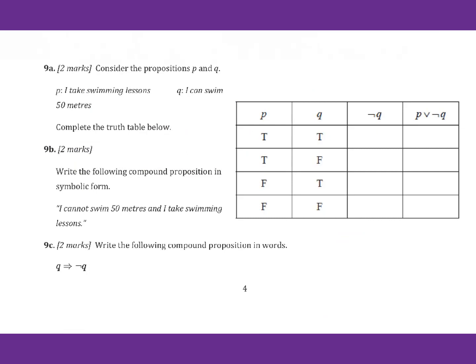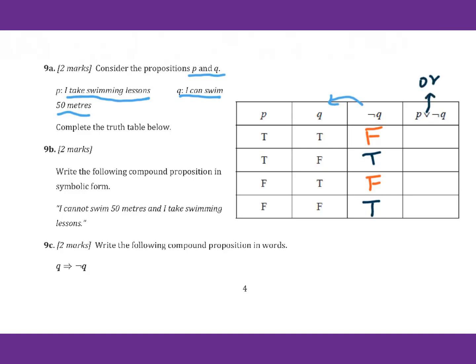Consider the propositions P and Q. P, I take swimming lessons. Q, I can swim 50 meters. Complete the truth table below. Not Q means opposite of Q. So you have false, false. Here we have true, true.